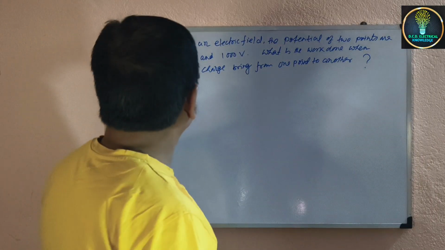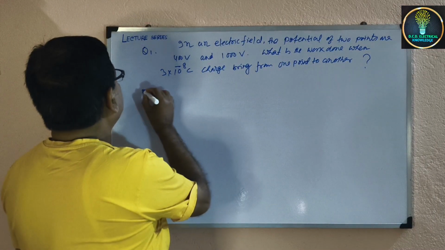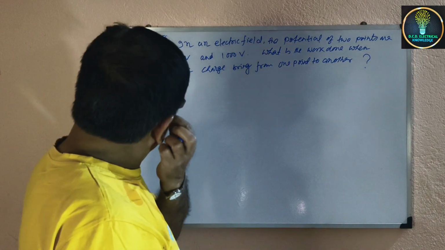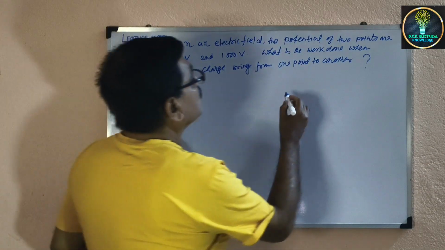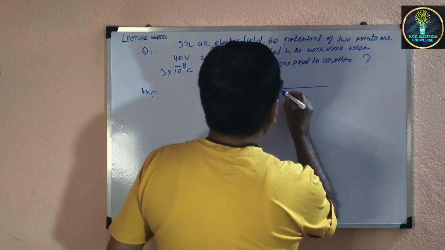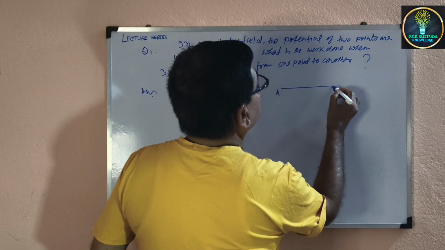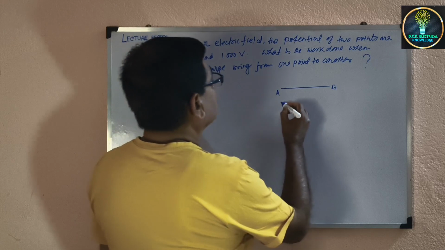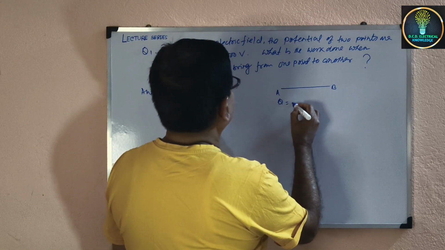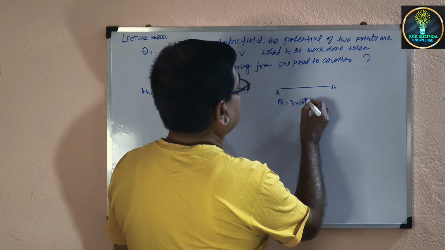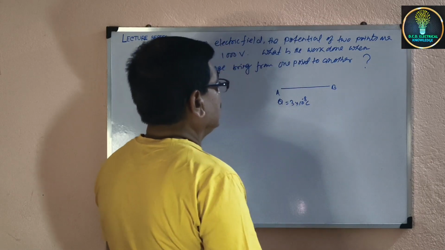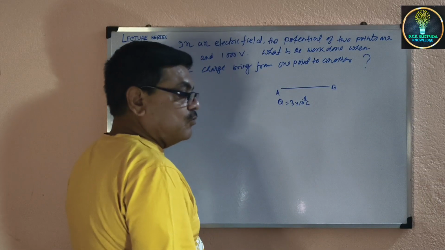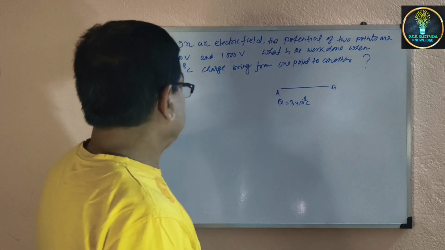Let us see, in an electric field there are 2 points A and B. Q charge, that is 3 into 10 to the power minus 8 coulomb, is brought from A to B. So what is the work done?